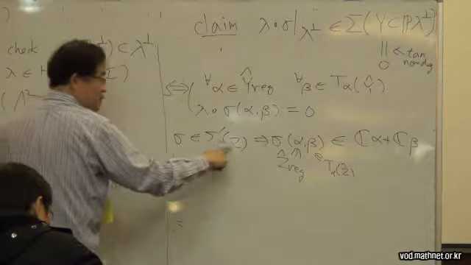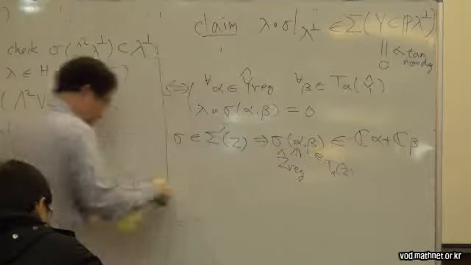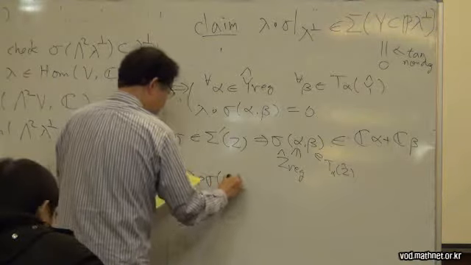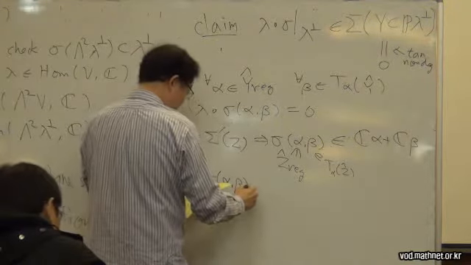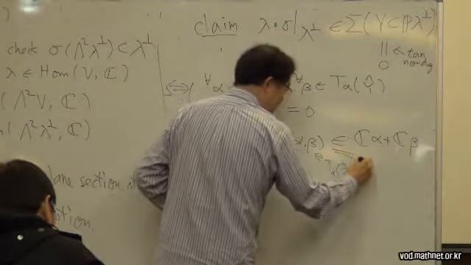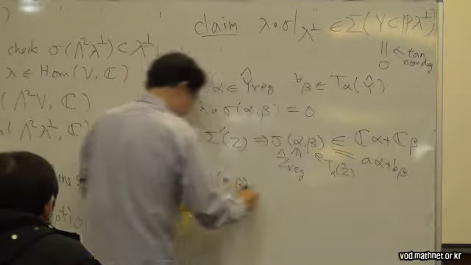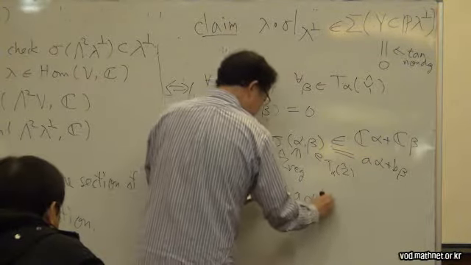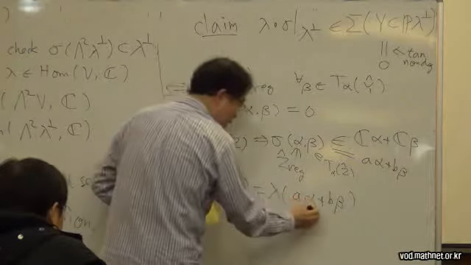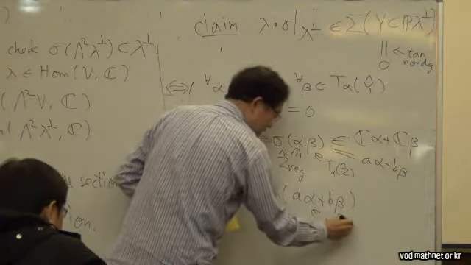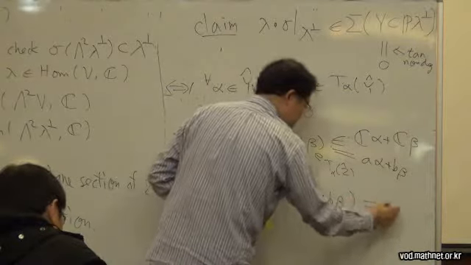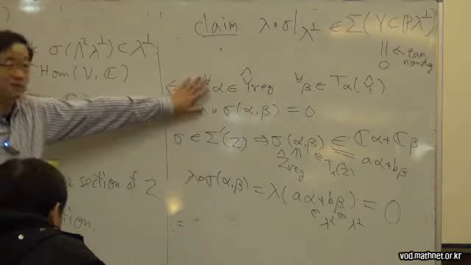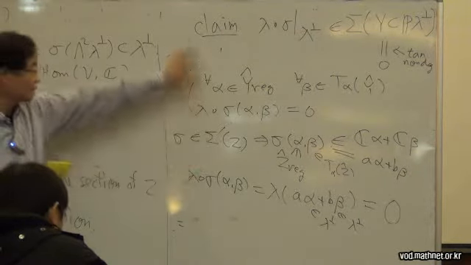So sigma alpha beta is in the linear span of alpha and beta. So let's write this as a alpha plus b beta. Then lambda of sigma alpha beta is lambda of a alpha plus b beta. But alpha and beta are in lambda perpendicular, so this must be 0. So this condition is checked. So that's the end of the proof.